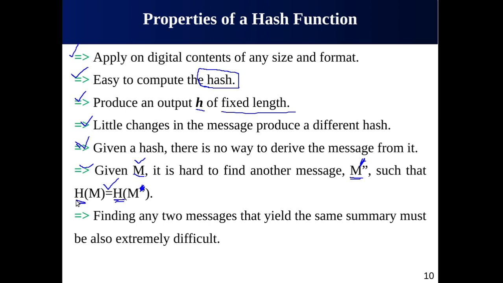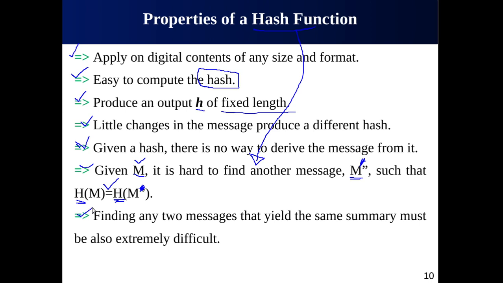That is impossible, or extremely difficult if not impossible. And this property is known as weak collision resistance. If a hash function satisfies this property, then we can say that it resists weak collision. It is impossible that you will find another message that will generate the same hash value.